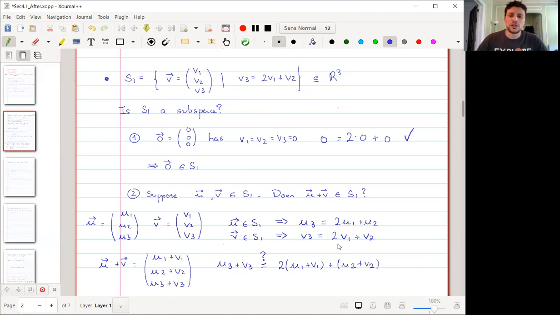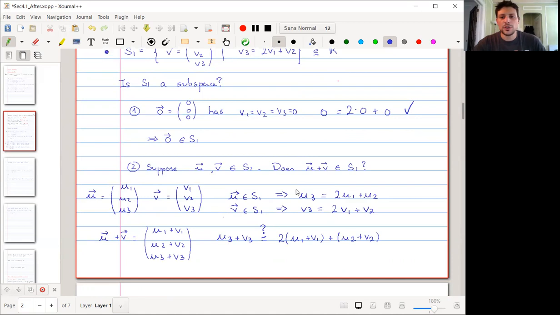But this is true because if you use these two relations that we wrote down up here, then u3 plus v3 is nothing but 2u1 plus u2 plus 2v1 plus v2, using these two equalities for u3 and v3. But then that is exactly what we want it to be equal to. By doing a partial factoring of the factor 2, we get 2 times (u1 plus v1) plus (u2 plus v2). So indeed, the sum u plus v also belongs to S1.